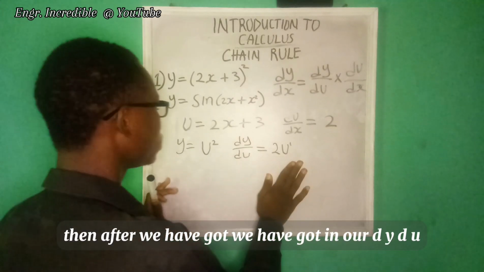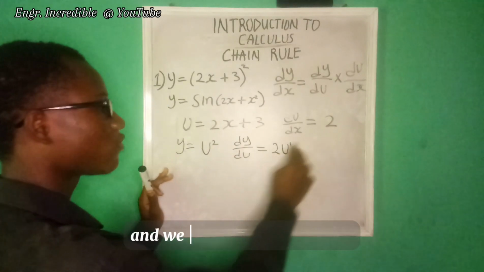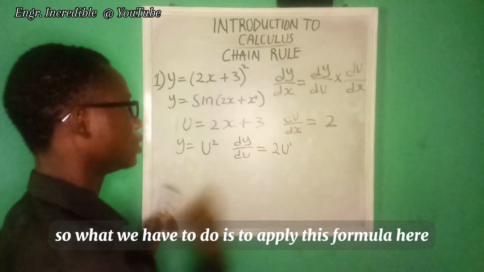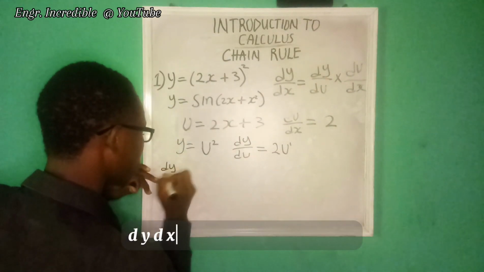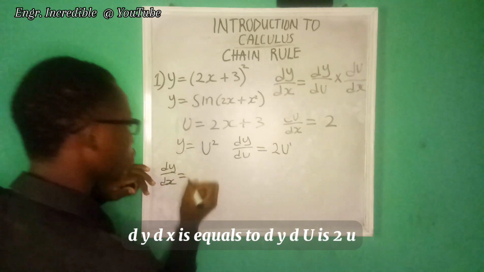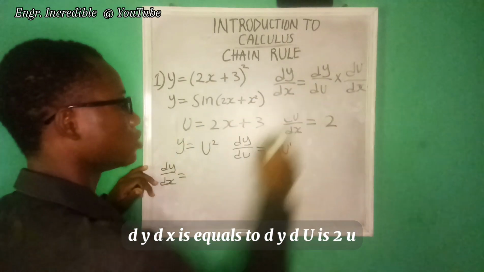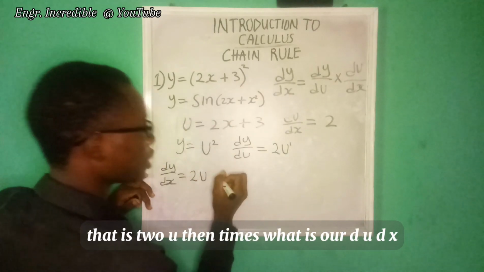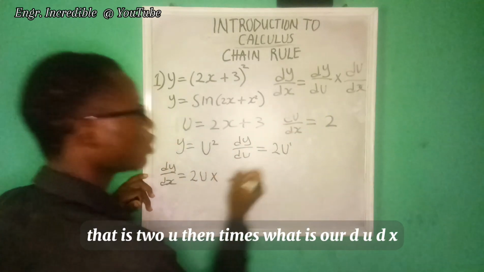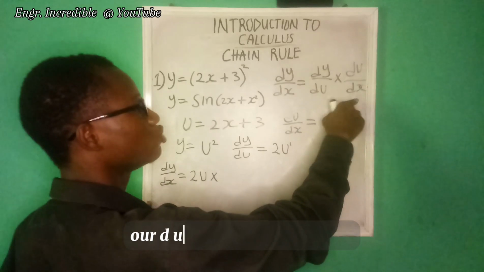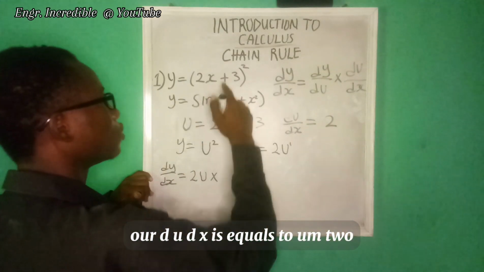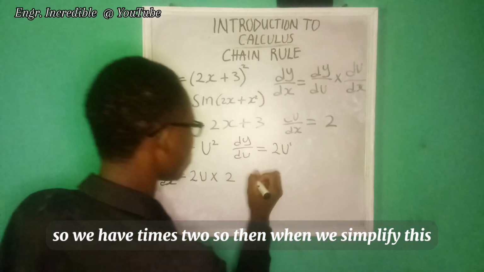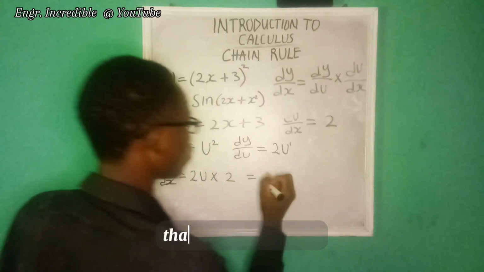Then after we have gotten our dy/du and our du/dx, what we have to do is to apply this formula here. We get dy/dx is equals to dy/du, which is 2u, times du/dx, which is 2. So when we simplify this, we have 2 times 2u, that is equals to 4u.